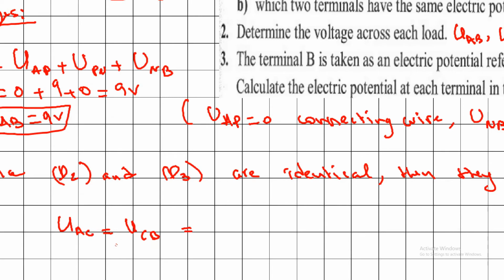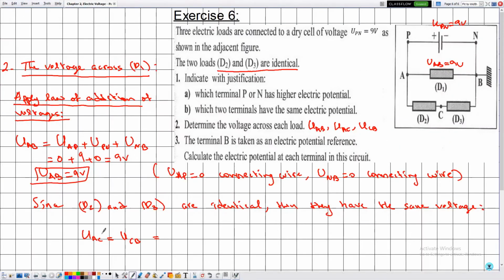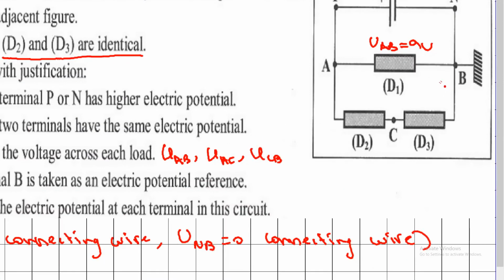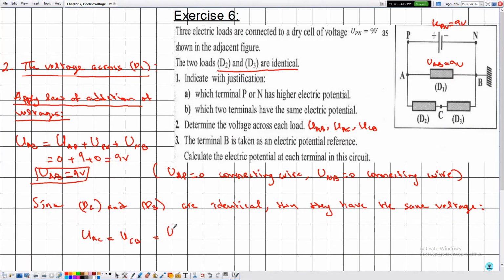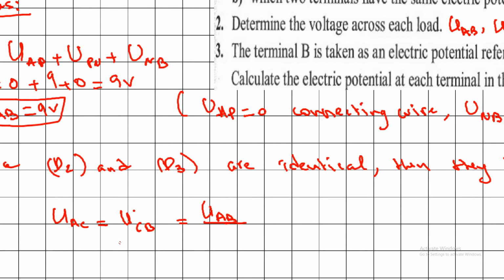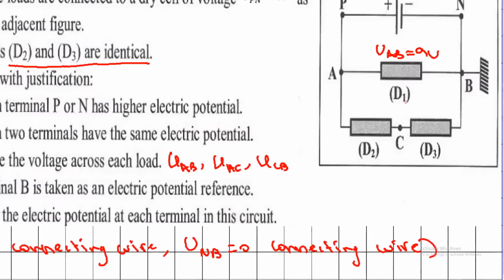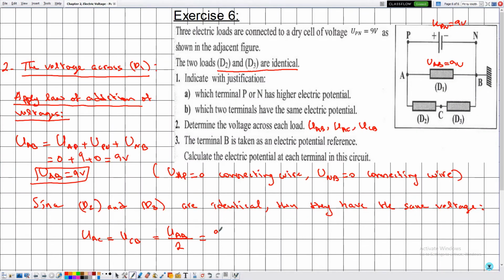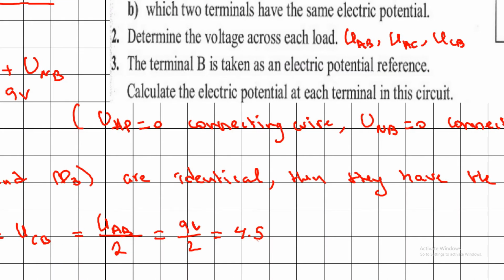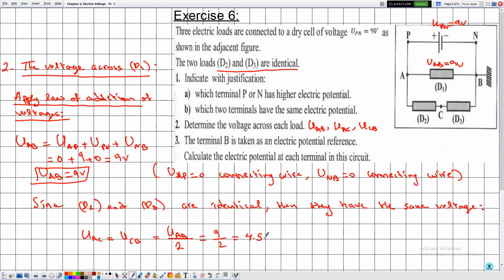Combined, we can eliminate C, which stands for UAB, which is the applied voltage across their combined terminals, and we divide simply by the number of loads we have, which is 2. The value of UAC is given by 9 divided by 2, which is 4.5. Since 9 is expressed in volts, the value of each will be expressed also in volts.